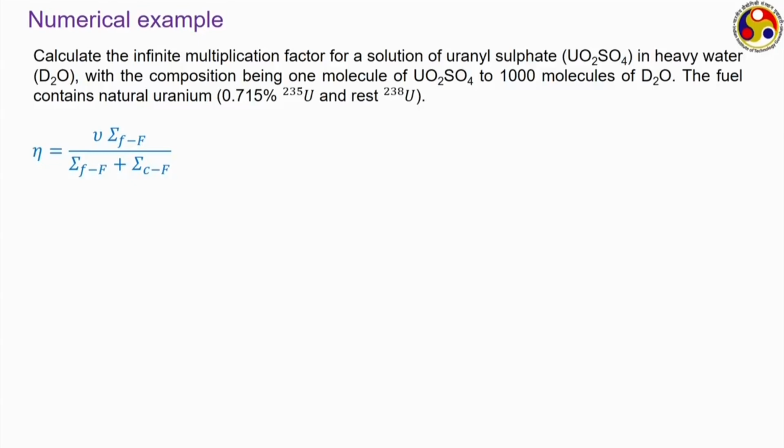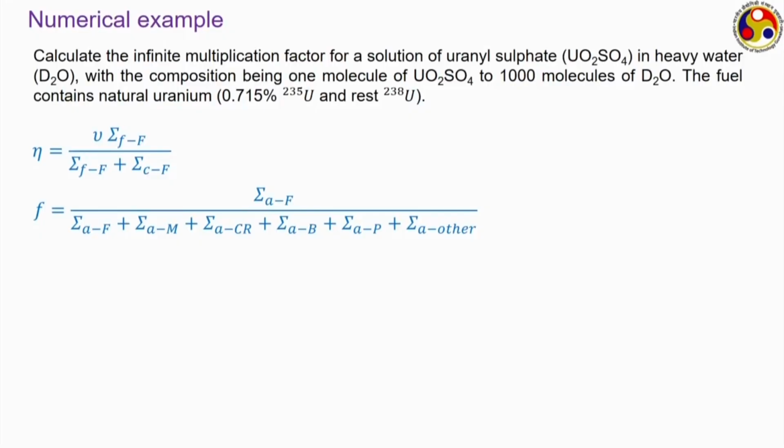Here, fuel refers to both uranium 235 and uranium 238. So, while calculating the denominator, we have to consider the absorption cross section for both isotopes, 235 and 238. However, while calculating the numerator, it has to be only uranium 235, because uranium 238 does not have any fission cross section for thermal neutrons.